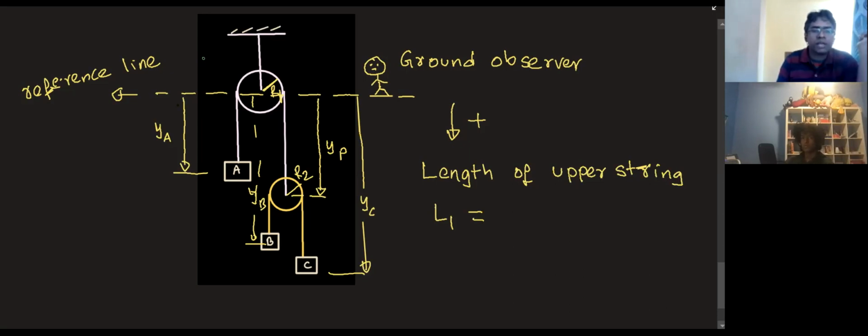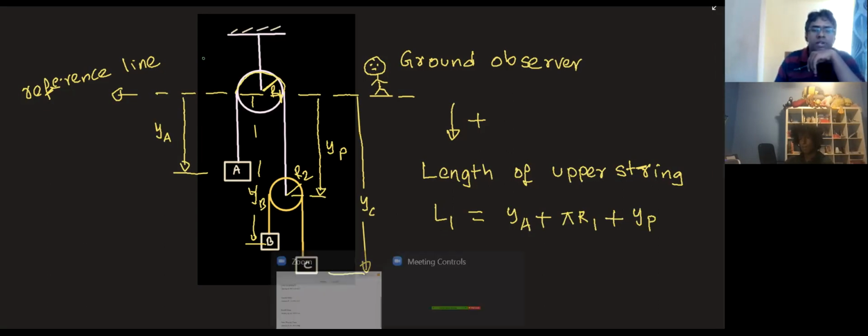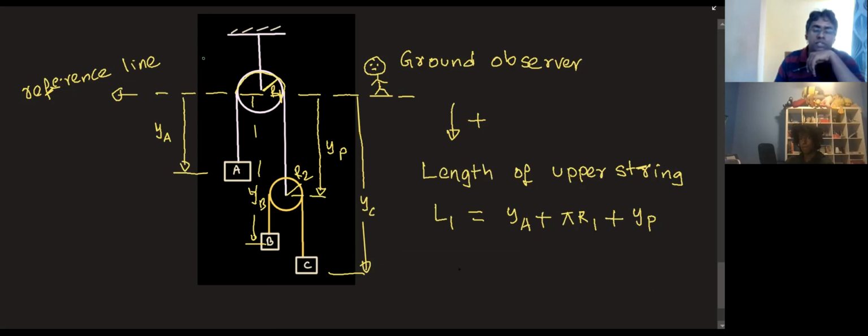I'm going to take YA, and you have this portion of the string on top of the pulley, which, assuming it is circular, is pi R1, and then the string that reaches the movable pulley, YP. So I'm writing the length of the string in terms of the positions.